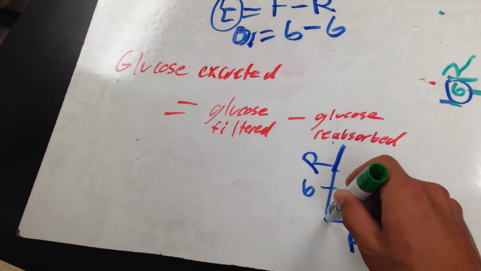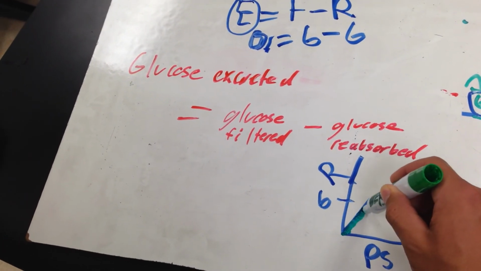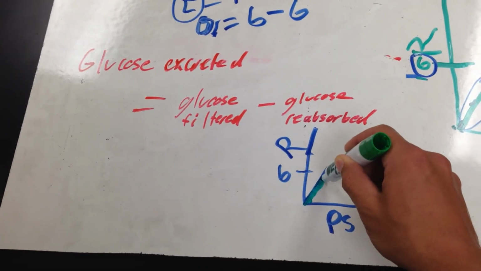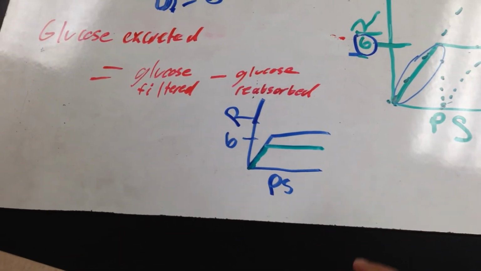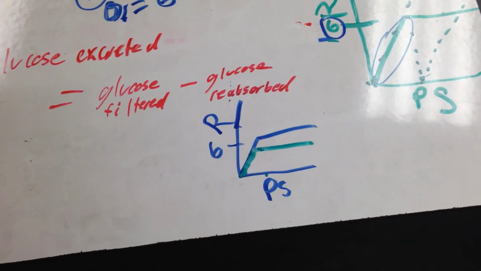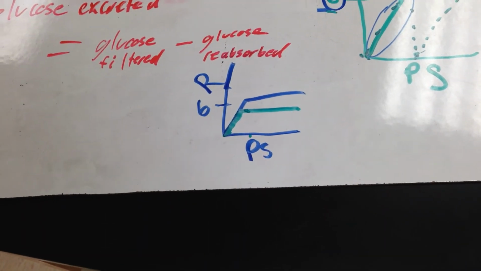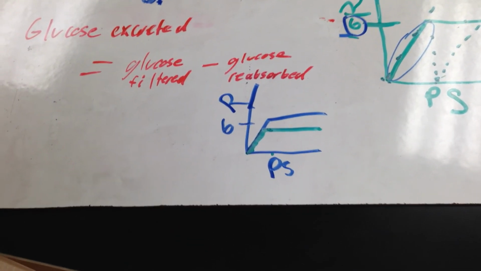Well, you'd expect this to stay the same because it's still proportionally equal, so it'd still be a similar line. However, since it can't reabsorb as much, you'd expect the plateau to be lower. Correct, Nick? I think so. That'd be my guess as well. Yeah, I like that.